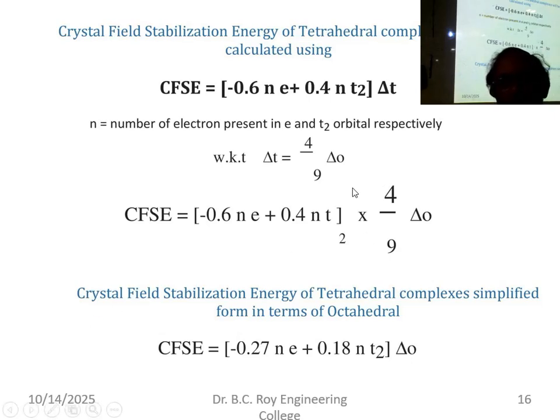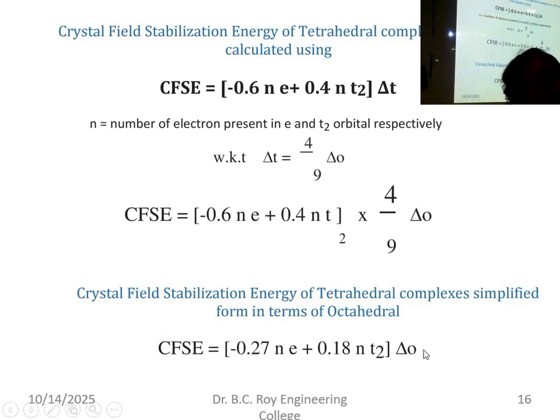So this is the way we calculate, and we can also relate it to the octahedral. If you want to calculate the CFSE of tetrahedral and compare it with octahedral, you can use this relationship to find the formula. This is the general formula for tetrahedral with respect to octahedral.